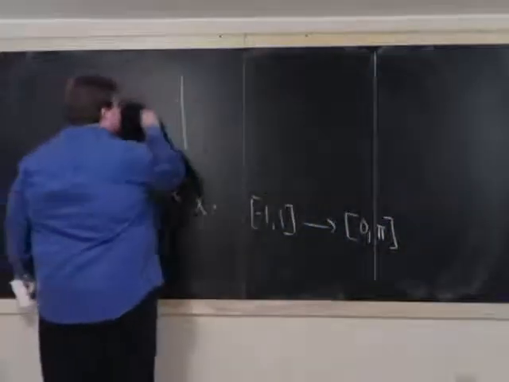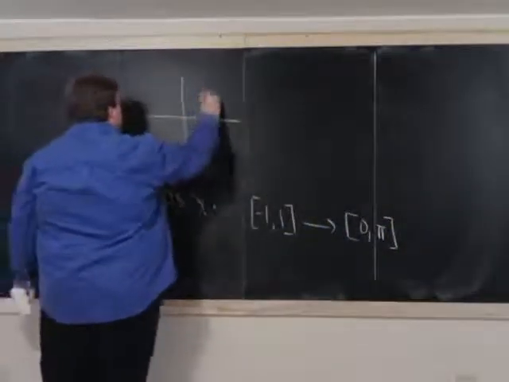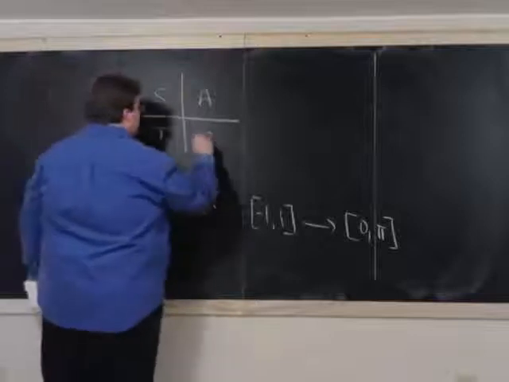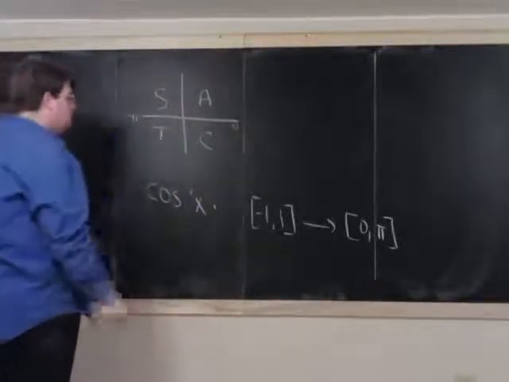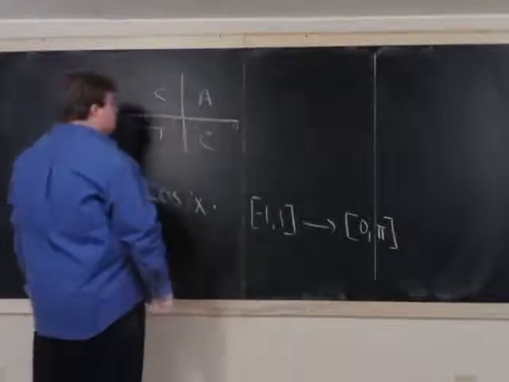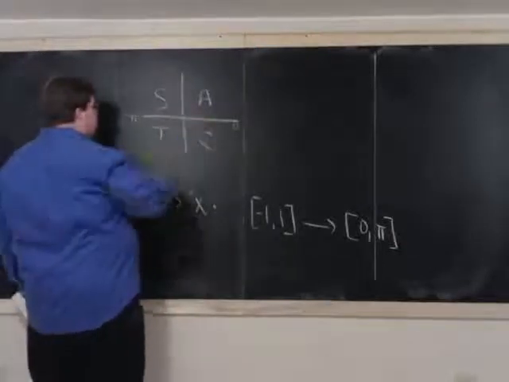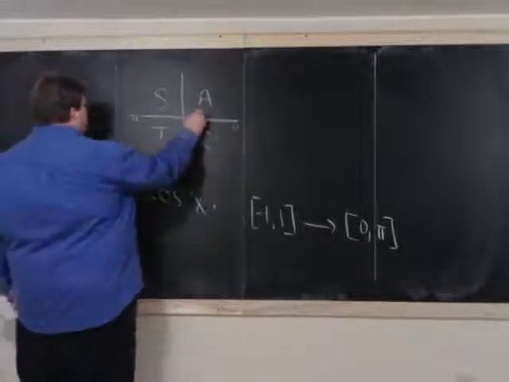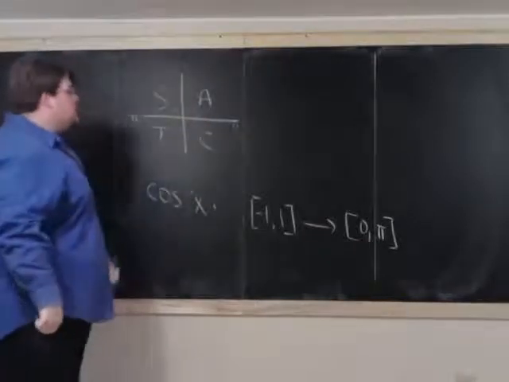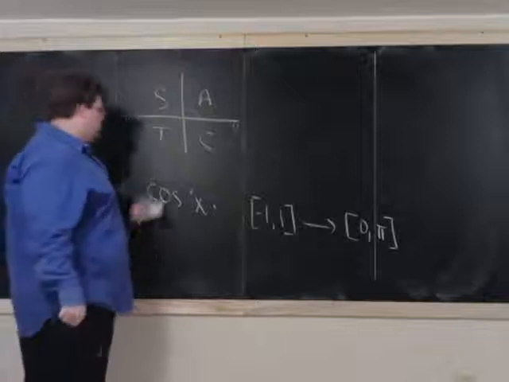Well, let's look at this ASTC thing. 0 is there. Pi is there. We're restricting the domain of cosine to be 0 to pi and everything in between. So we get for inverse cosine quadrants 1 and 2.